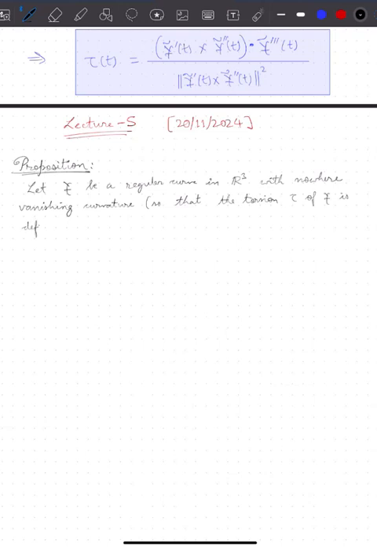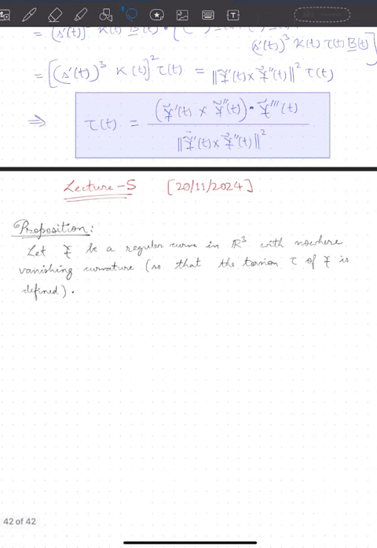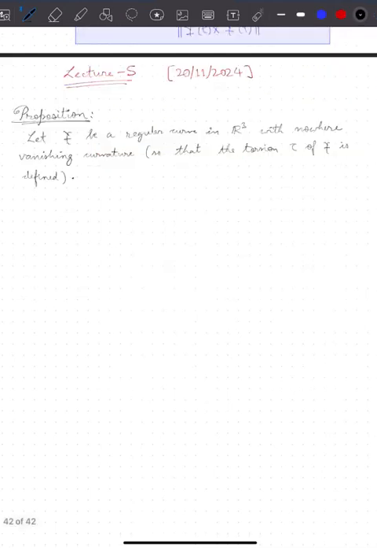As we recall, the torsion depends on curvature, and the curvature happens to be the denominator in the expression. This expression here forms the numerator of the curvature. So if we need the curvature to be non-zero, then only will the denominator of tau be non-zero. So it's defined.